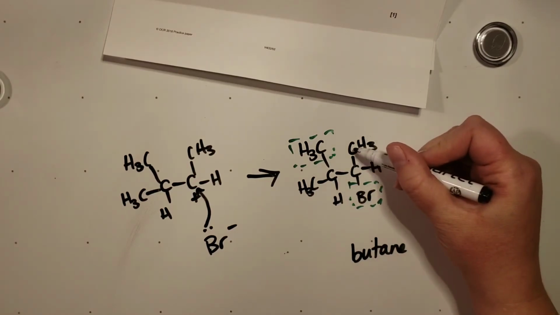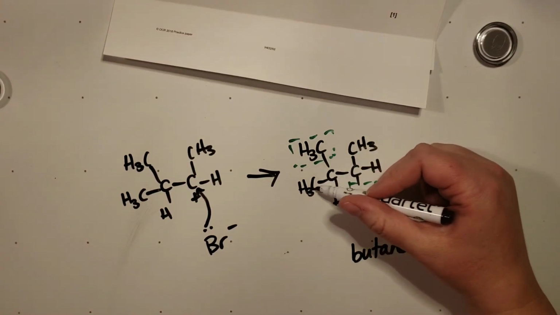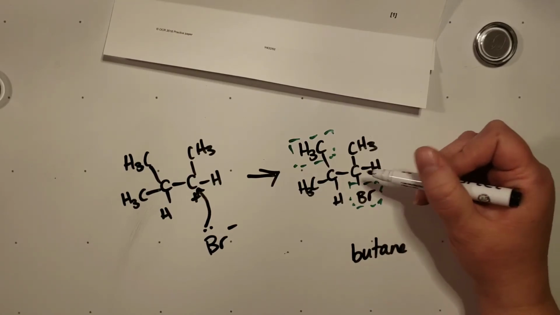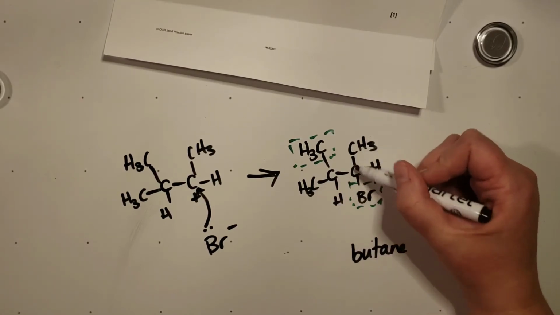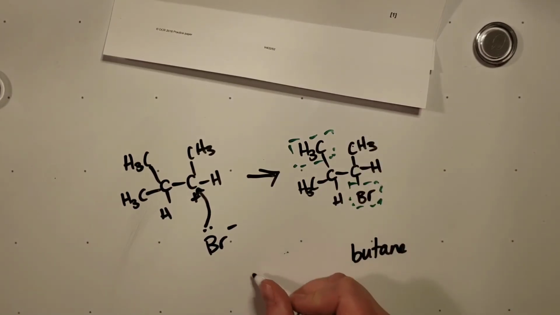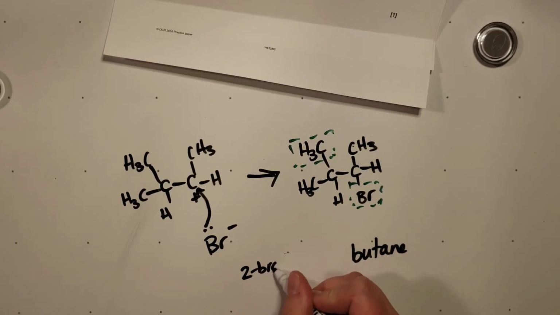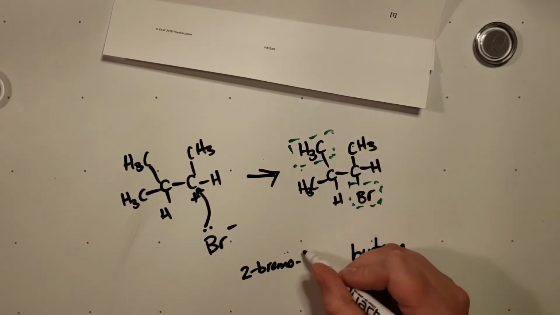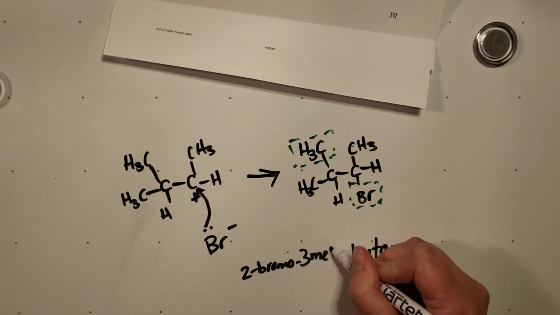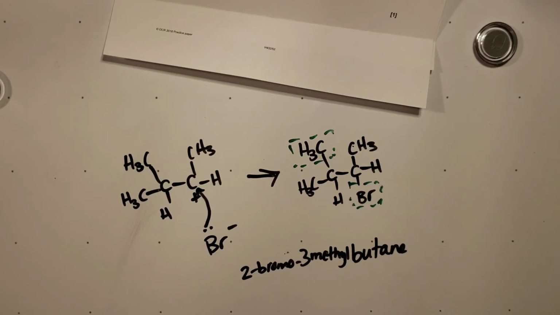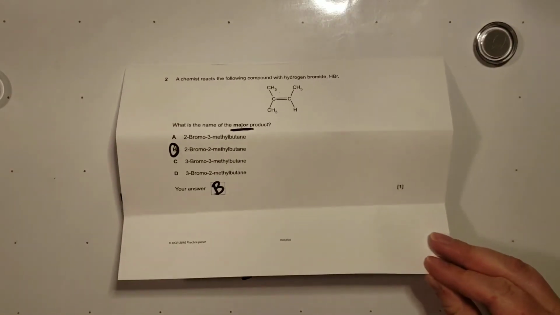So in this case, we're going to go 1, 2, 3, 4, so that the bromine is on the second carbon rather than the third carbon. So that is 2-bromo, and now we have 3-methylbutane.